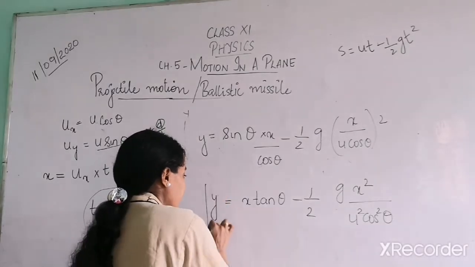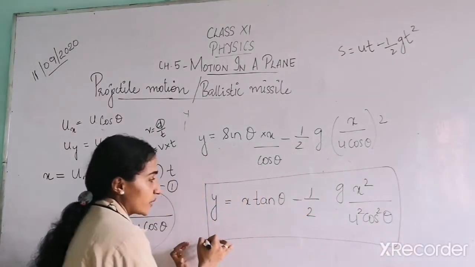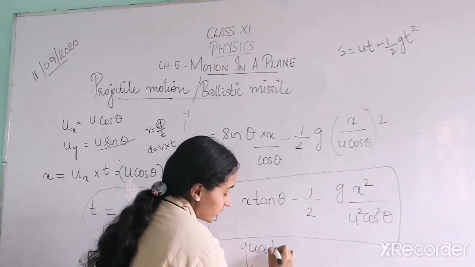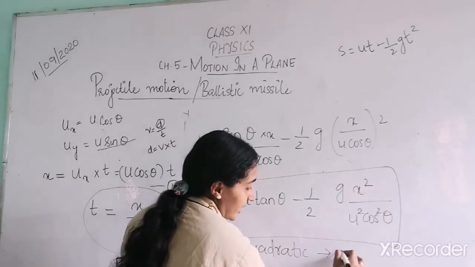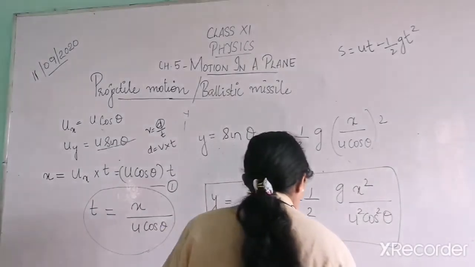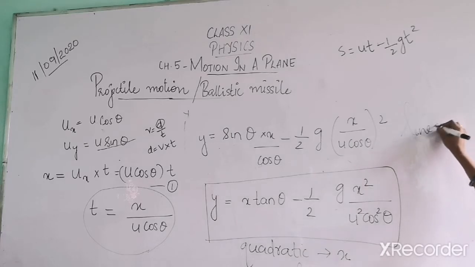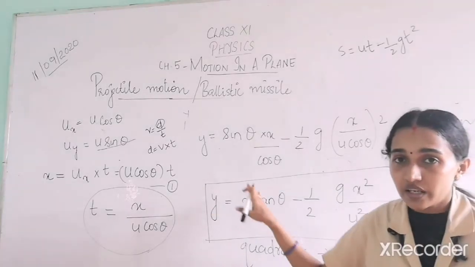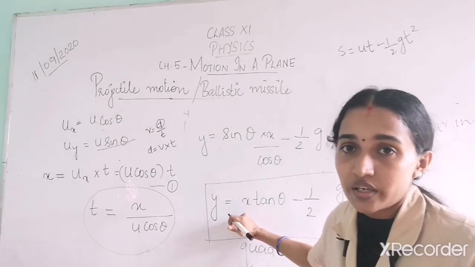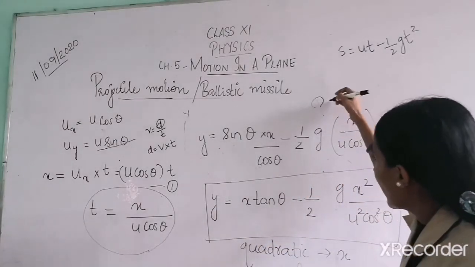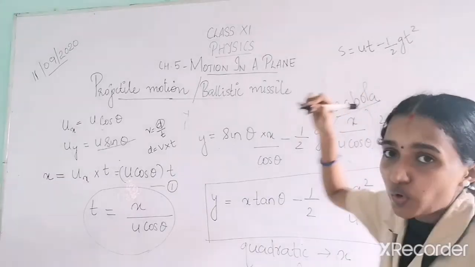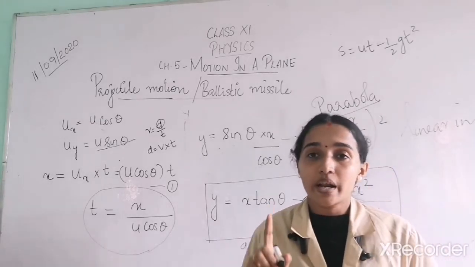Now when you analyze this equation, you will find that it is quadratic in x and linear in y. Such a satisfying equation is that of a parabola, and that is why we said that the trajectory or path followed by a projectile is parabolic.